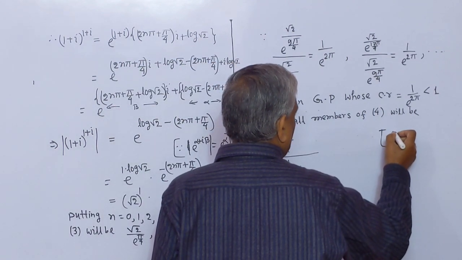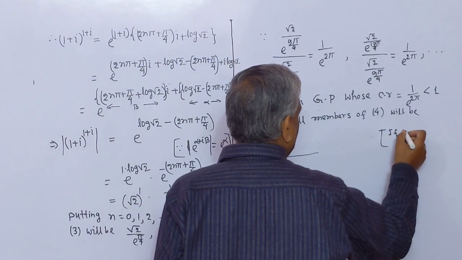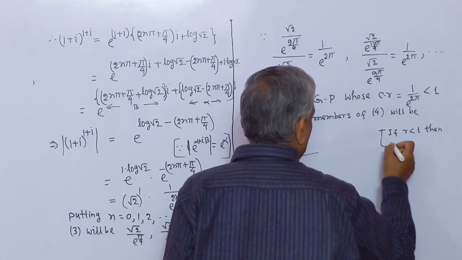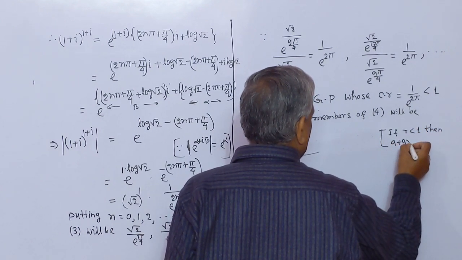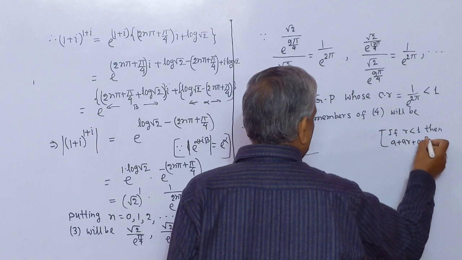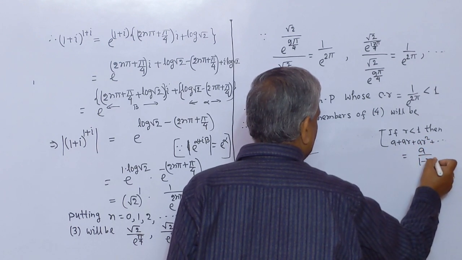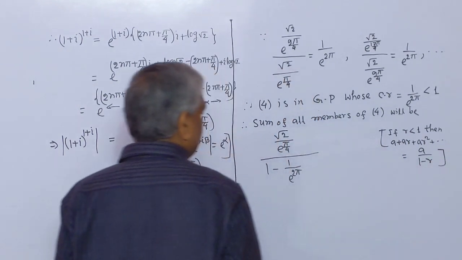Since if r is less than 1, then a + ar + ar² + ... equals a/(1 − r) in GP.